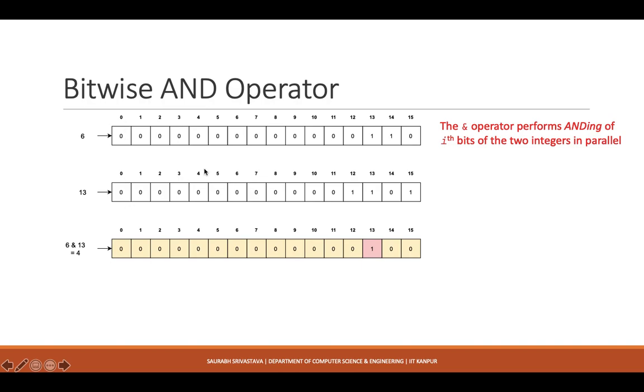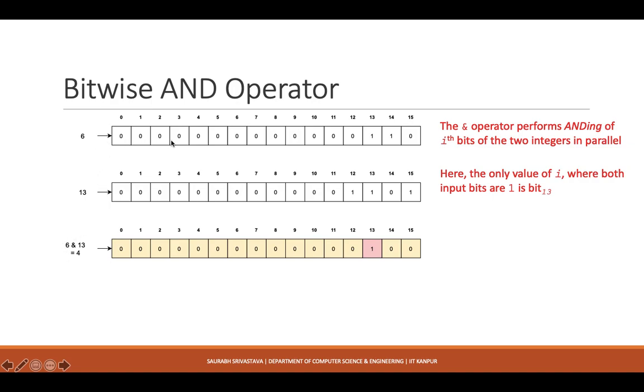So just assume that there are 16 ANDing operations going on here right now, one for each bit, the ith bit. And the only value of i here where both inputs are 1 is bit number 13. That is why in the output you will have 1 only on the 13th bit position, and everything else becomes 0, right? This is what it says.